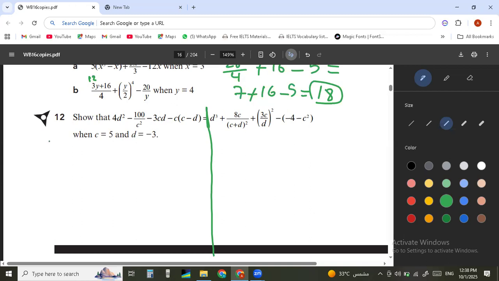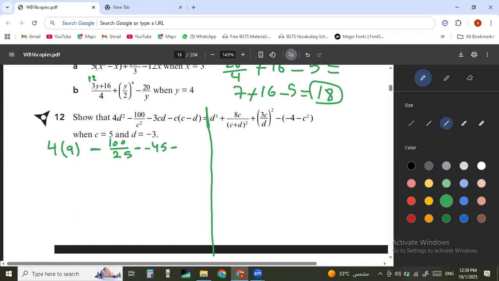So I'm going to multiply 4 times D squared, which is 9, since -3 squared is 9, minus 100 over 25, minus 3 times C times D. 3 times C is 15. 15 times -3 is going to give you -45.